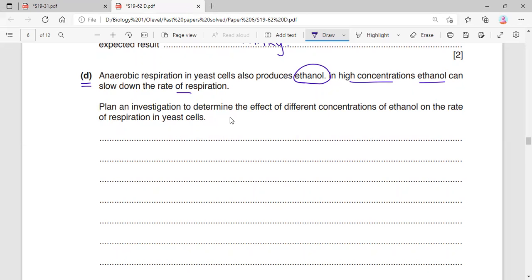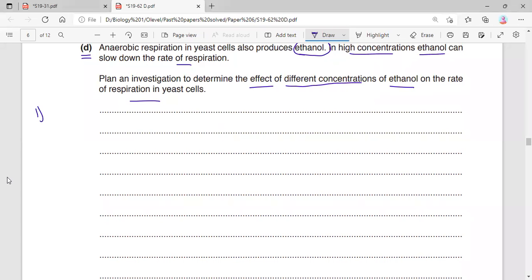Plan an investigation to determine the effect of different concentrations of ethanol on the rate of respiration. The first step is the replicates. How many test tubes will you use? And we said the more the better. 4 or more. I can use 5. Yes, 5. Use 5 test tubes.